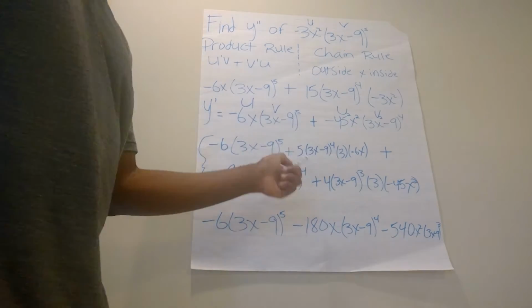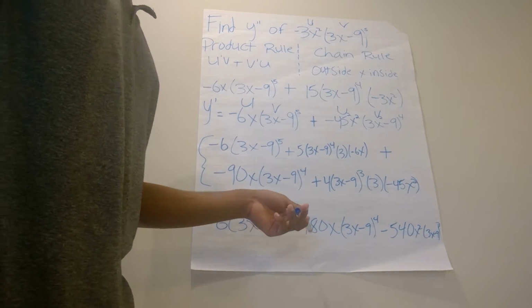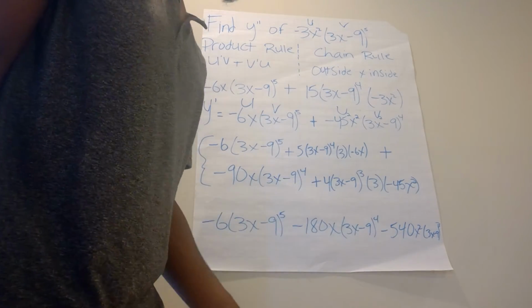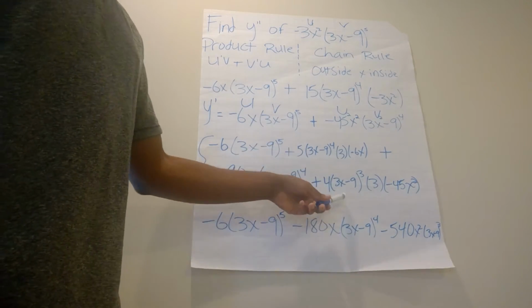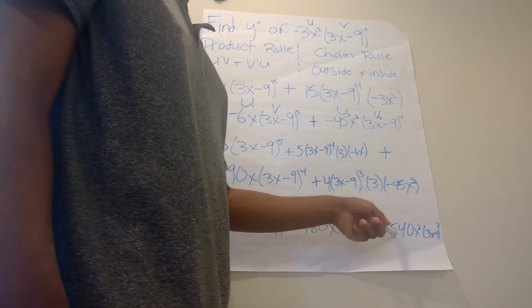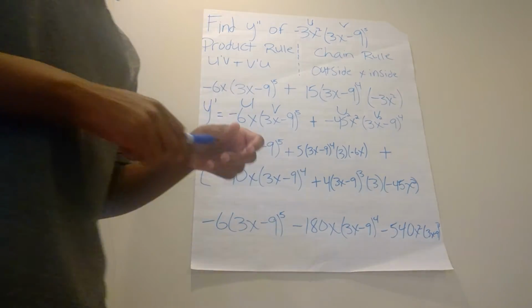So I combined those like terms, and that resulted in negative 180x times (3x minus 9) all to the 4th. And then I just simplified this cube term, in which I got negative 540x squared times (3x minus 9) cubed.